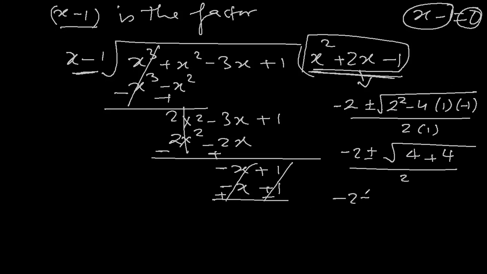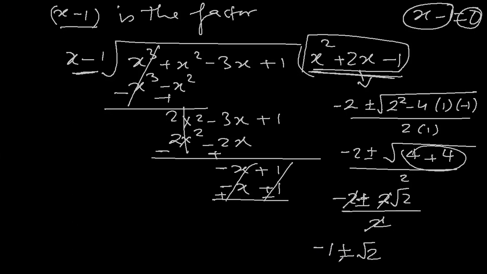So minus 2 plus minus 4 plus 4 is 8, and if I write 8 as combination of surd and complete number, it will be 2 square root 2 over 2. We can see all of them have 2. We can cancel such situation. Whenever there is a plus minus, it's not possible to cancel two numbers, but it is possible to cancel all of them if possible. And in here it is possible. This 2, and this 2 cancel out. So we are left with minus 1 plus minus square root 2.